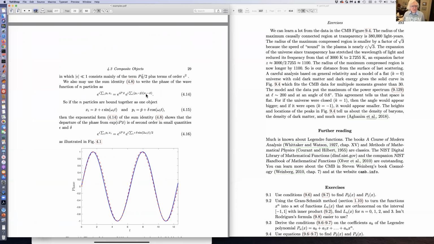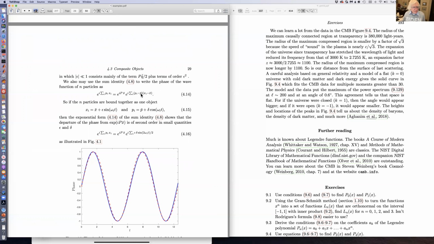But of course, the positions aren't that different from the average position, and each momentum is close to the average momentum, because after all, the tennis ball is not splitting up into individual particles.